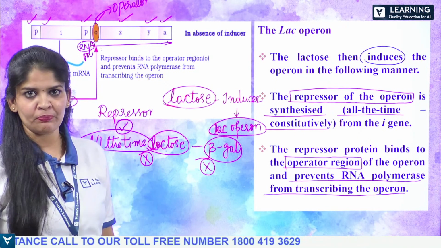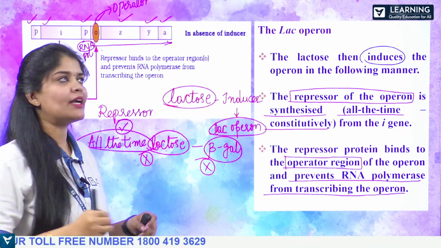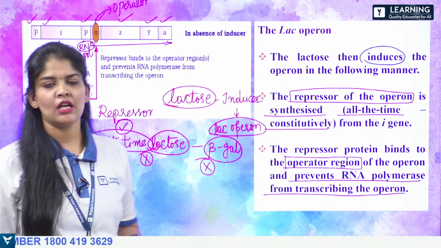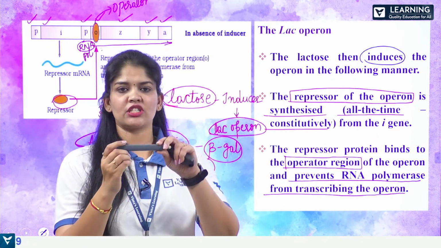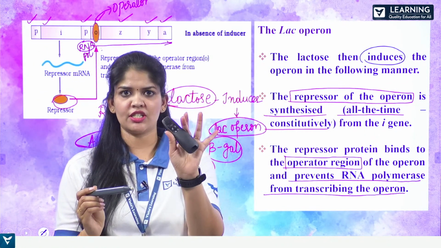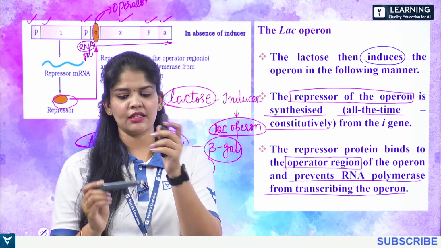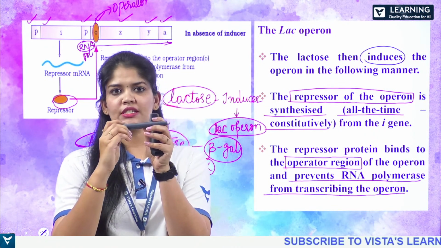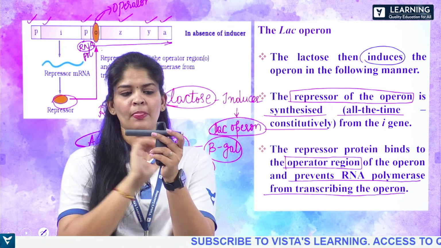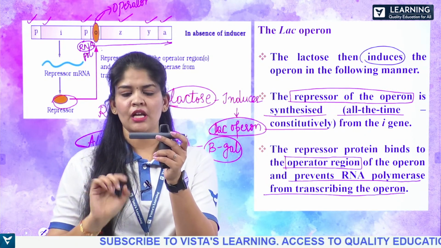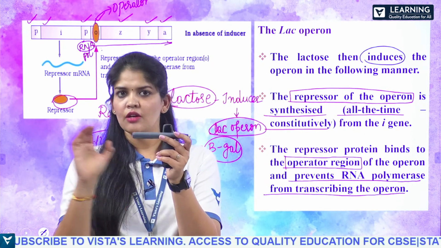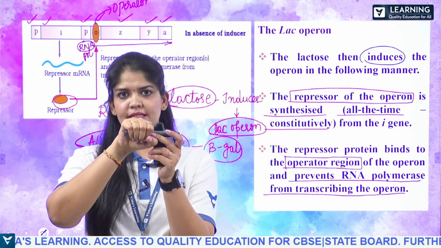which is present next to the promoter, and RNA polymerase goes and binds to the promoter. So here there is an obstruction. See, here is the operator region, and to the operator region the repressor goes and fixes. Now this is the promoter region where RNA polymerase comes and sits.